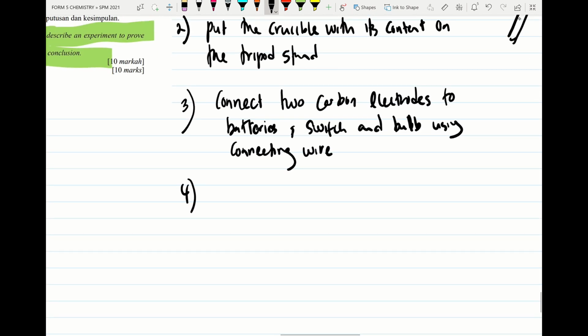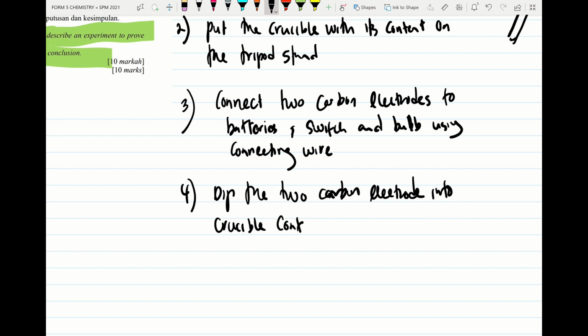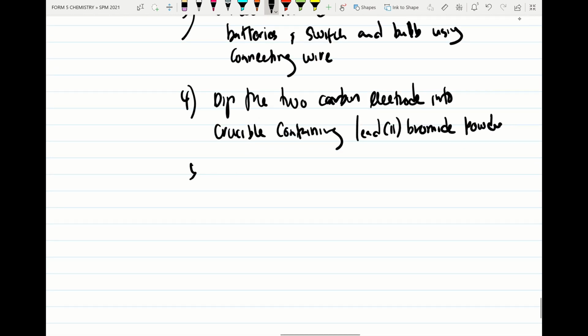Point number four: dip the two carbon electrodes into the crucible containing lead(II) bromide powder.